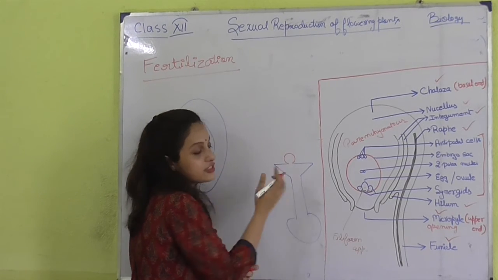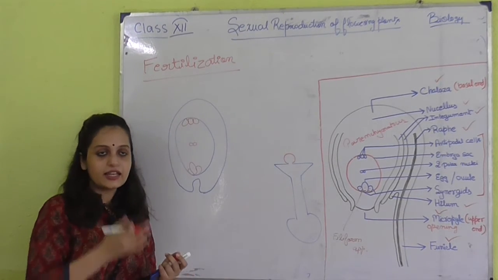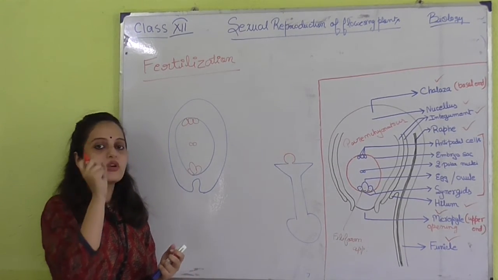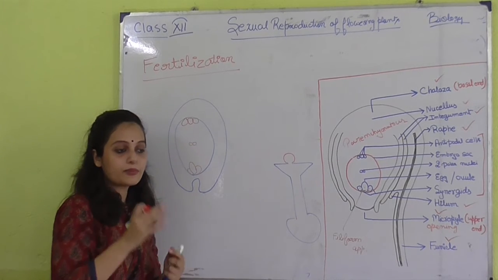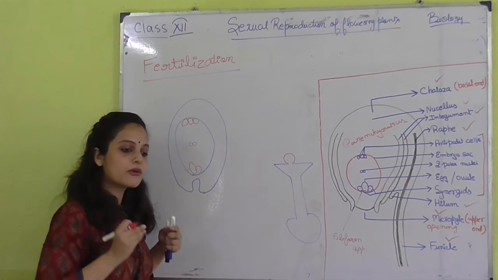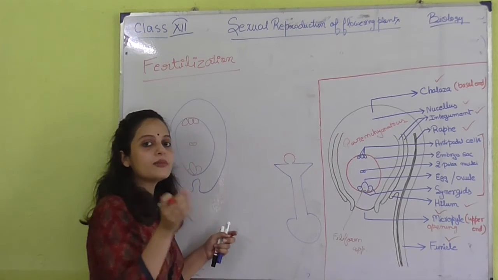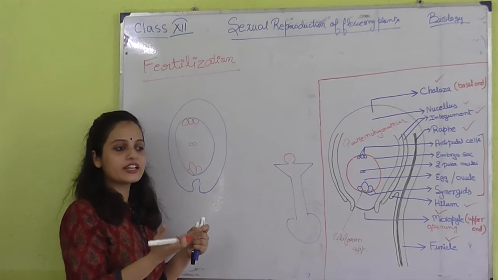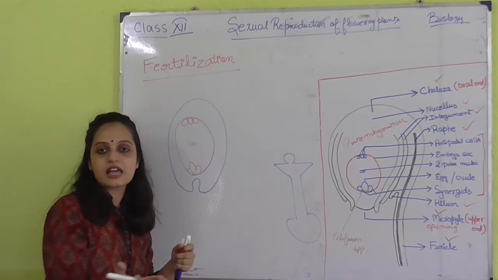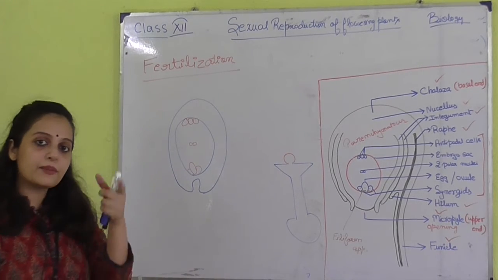As stated in earlier classes, the pollen will come out from the germ pore. As we have studied, the vegetative cell and the germinative cell are present in a pollen.